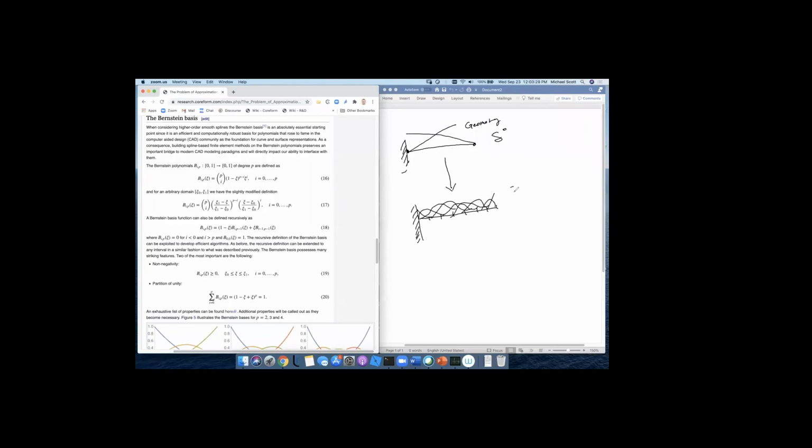Let's call this S1. The key is that S0 lives in S1. So this geometry, you can still represent it exactly inside of here. So as you refine, you're not perturbing the geometry every time, or the parameterization of the geometry. So that's the basic idea.